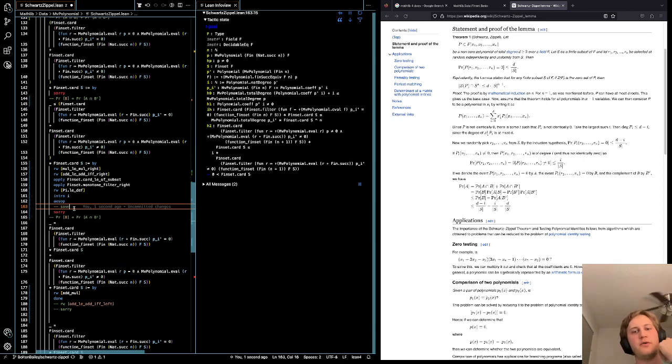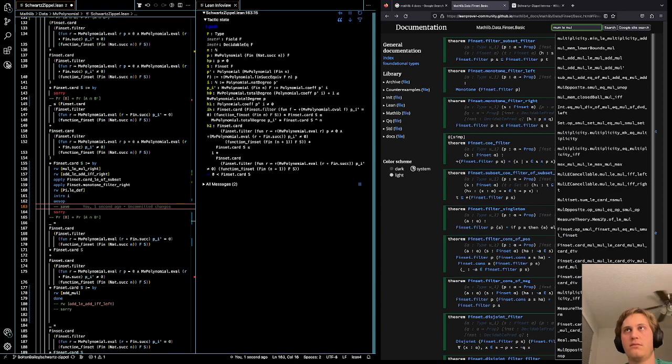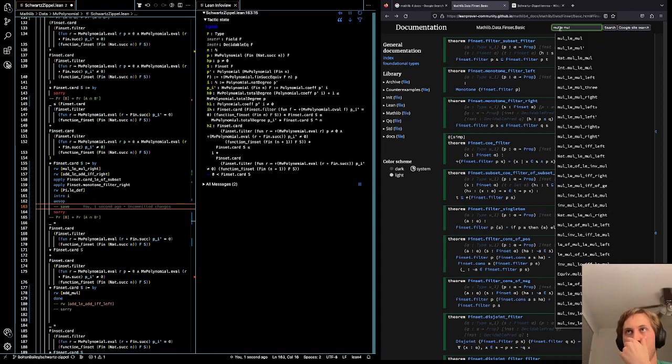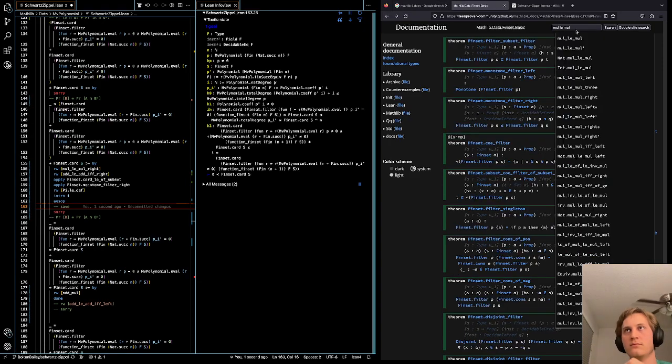Okay, it shouldn't be necessary to prove this, like positive Finset.card_s. Mul. Let me go back to the documentation. Except that it's mul. So the tactic, or the lemma I invoked is mul, right?